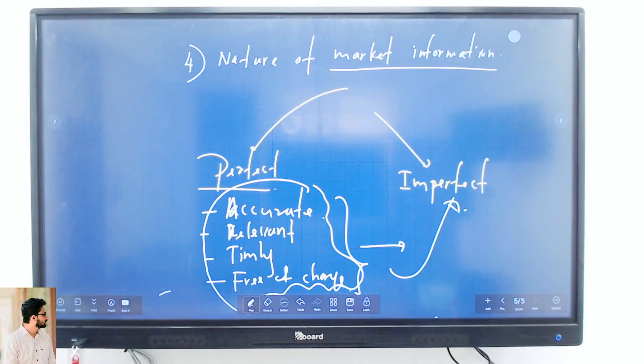First one, number of sellers. Second one, nature of the product. Third one, barriers to entry and exit. Last one, nature of market information. Based on these 4 main characteristics, we can identify 4 types of market structures in your syllabus. Next one, write down. These are the market structures.